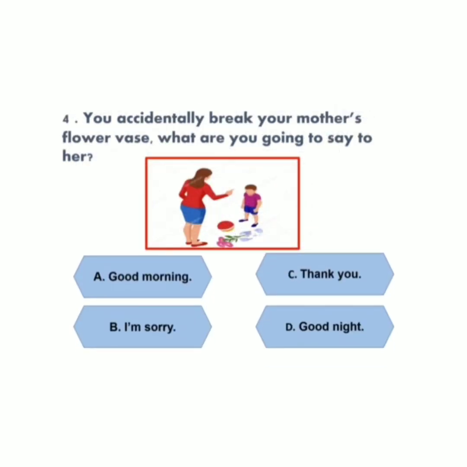Number 4. You accidentally break your mother's flower vase. What are you going to say to her? A. Good morning. B. I'm sorry. C. Thank you. D. Good night.